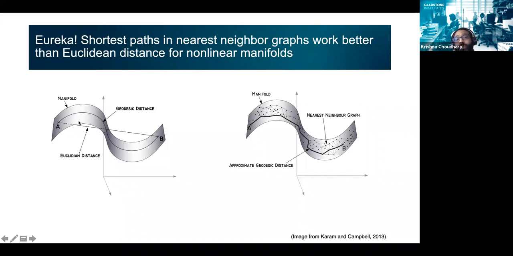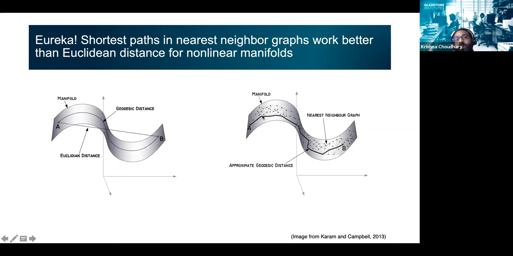But we don't really actually see this space. What we see are these points only. Whether we are looking at our data in the PCA space or in the gene expression space, all we have are these points. We don't see this whole sheet that I have here in this figure.